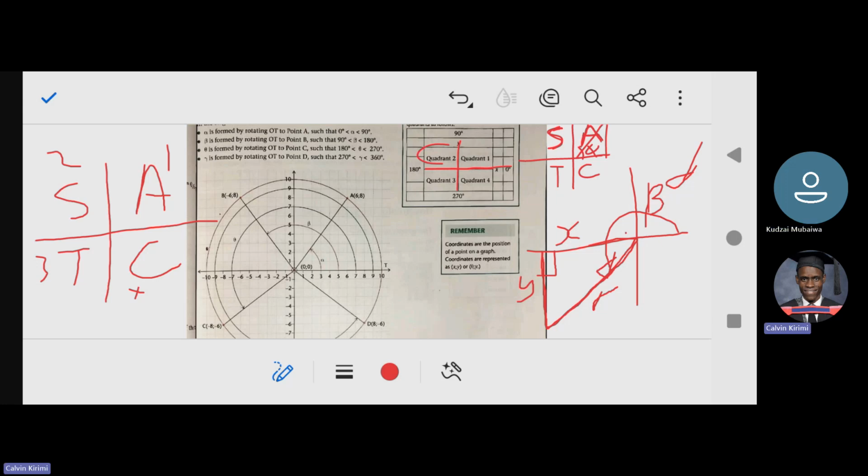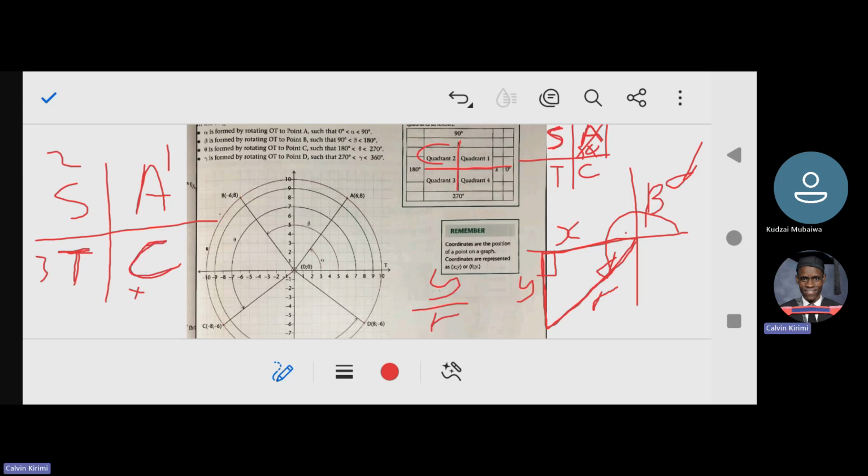But we said in this quadrant, only tan is positive. So after you say y over r, what must you do? We have to use the CAST diagram, this one.